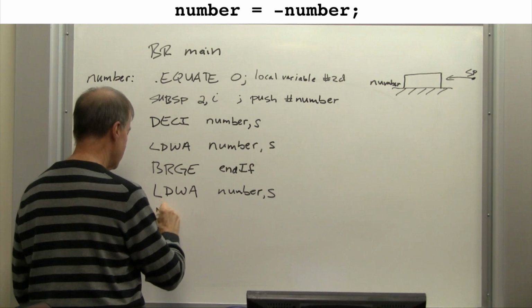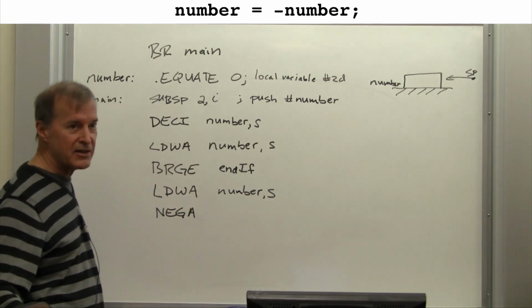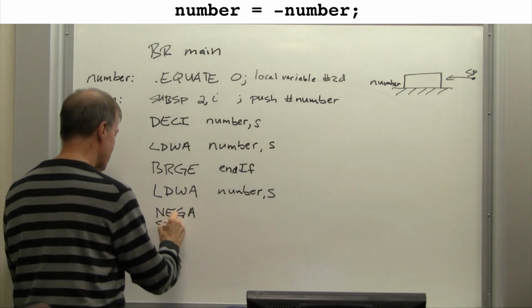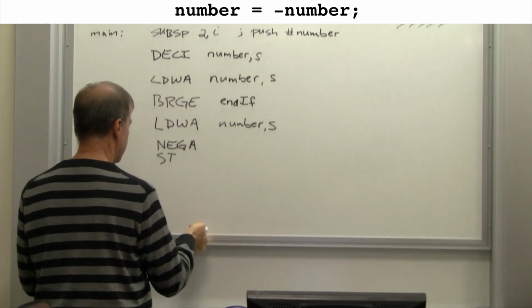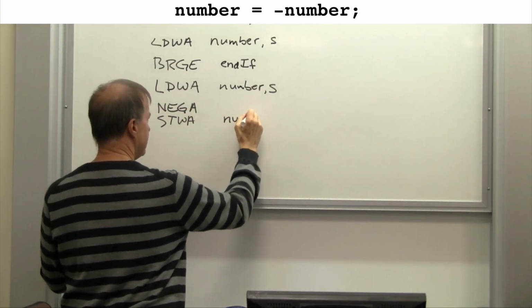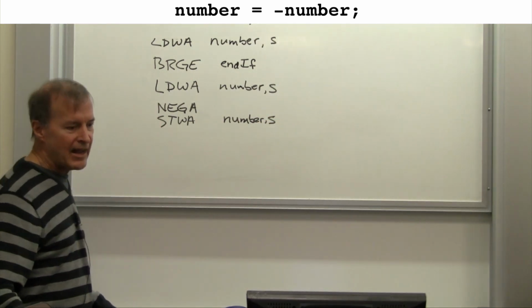So this would be negate accumulator. And now, store word accumulator into what? Store word accumulator, number, stack relative.